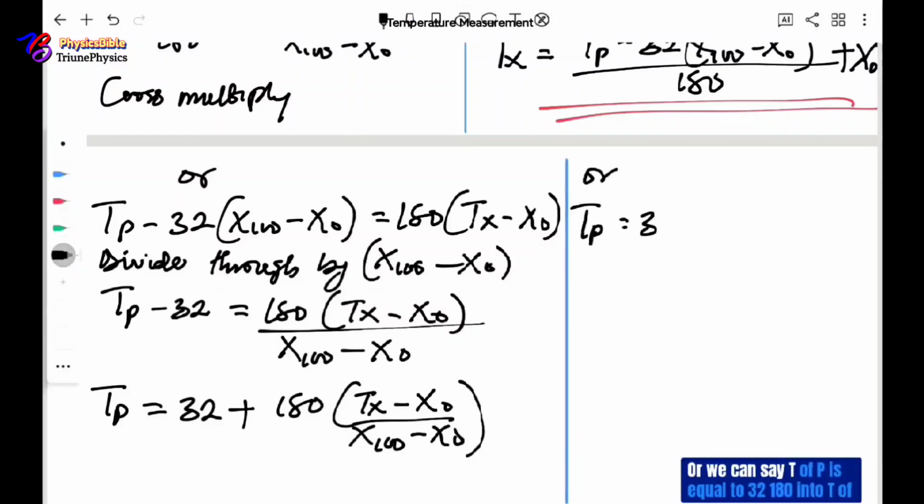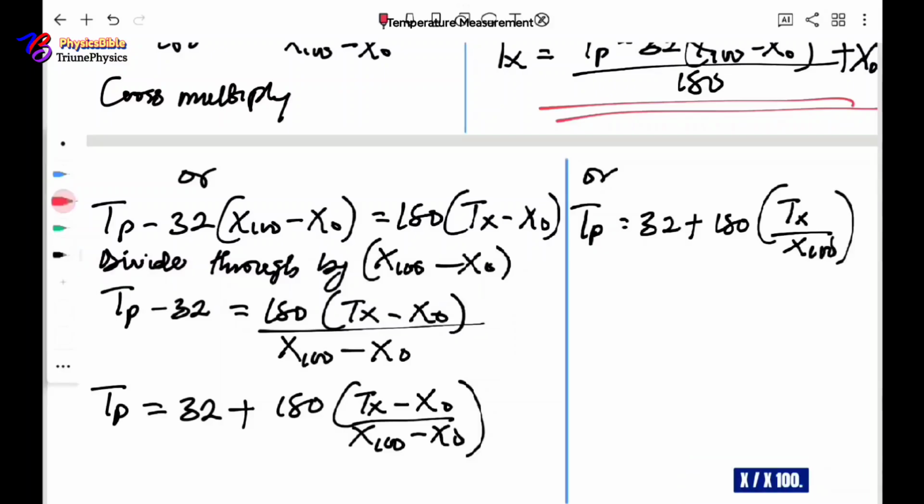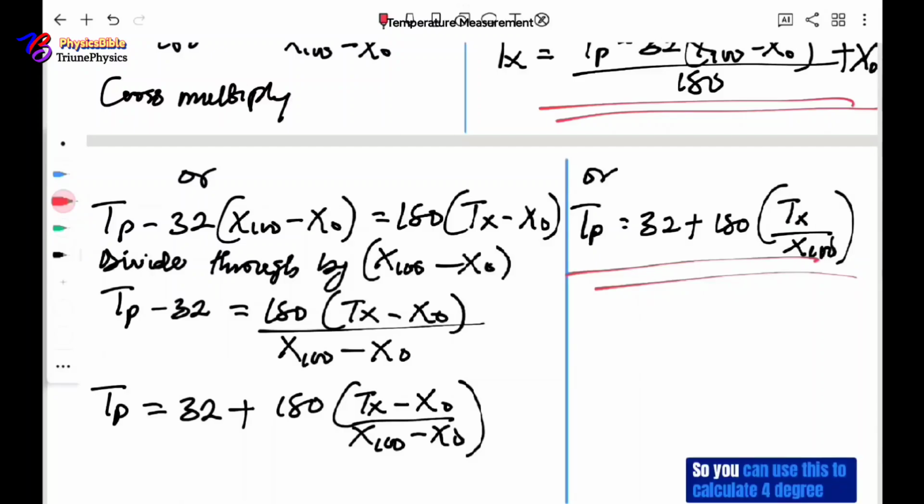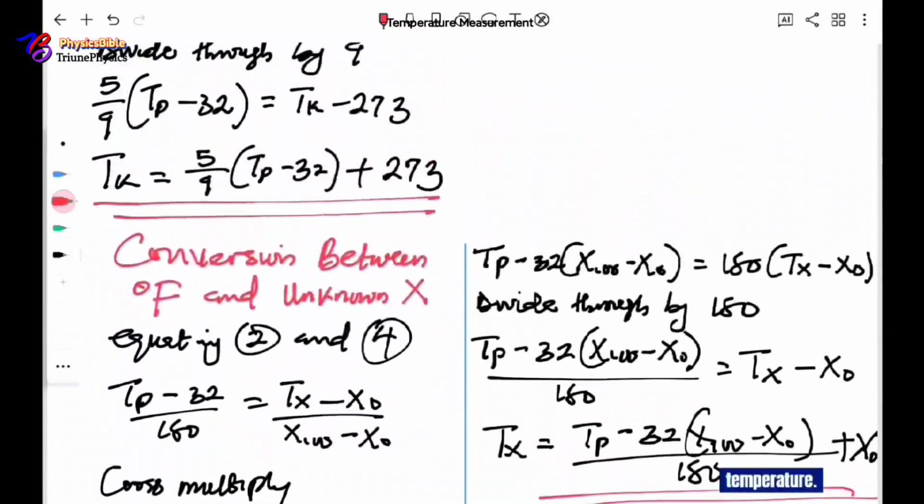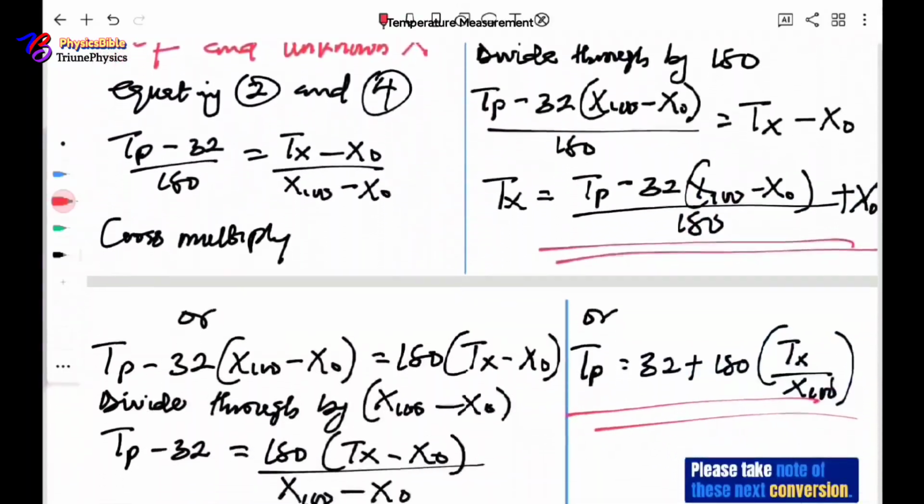Or we can say T of F is equal to 32 plus 180 into T of X over X 100. Take note of these. So you can use this to calculate for degree Fahrenheit to unknown temperature. Please take note of these.